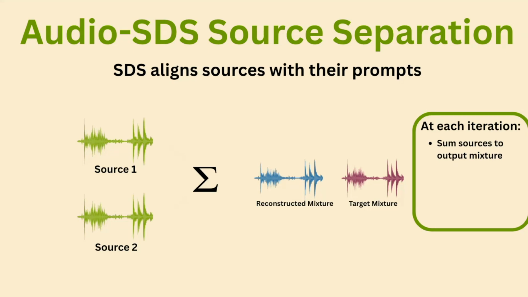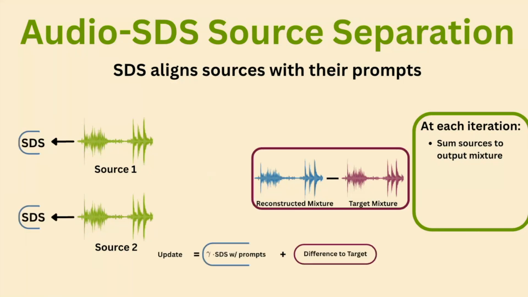And in this problem, we have 2 separate constraints. We want the sources to sound more like the prompts that are given, but at the same time, we also want those sources to still pretty closely fit the mixture we've been supplied by the user, because that's the thing we're trying to decompose, right? So we combine the Audio-SDS update with this additional constraint on the solution, and we combine them in this way to produce a composite update.